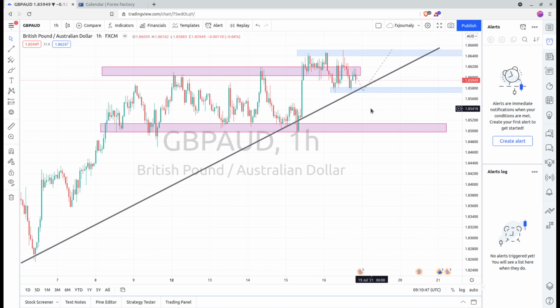I'm not ruling out the fact that price could open up heading towards the resistance zone. That's also a possibility. Over the course of the Asian session, price continues to head up to this area right here, but it's not going to do anything spectacular.